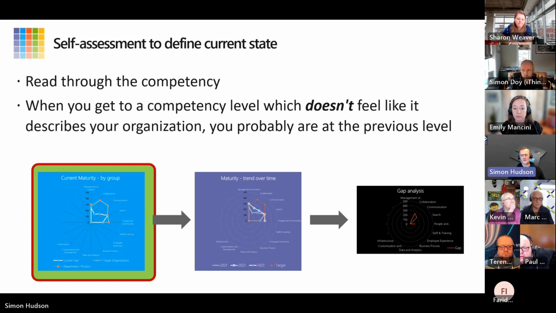You're going to have pockets of excellent and pockets of not so good, and different competencies are going to be differently important. The trick is to look at the criteria for each level, for each competency, and just take a pragmatic view on, are we really like that? Are we better than that? Or are we not as good as that? And go to a reasonable lowest common denominator. Cool. Right. So that's where you get your baseline.